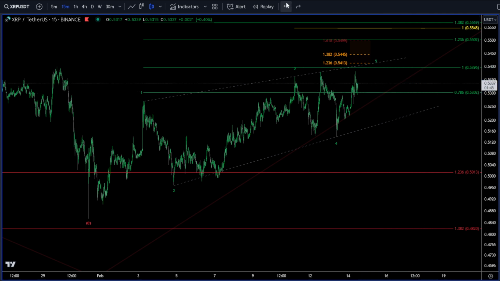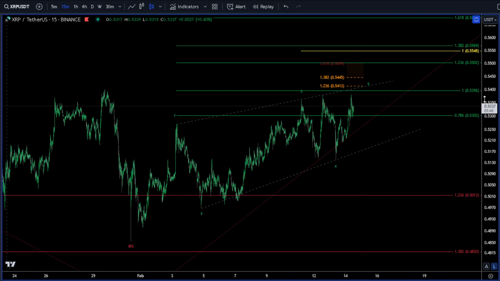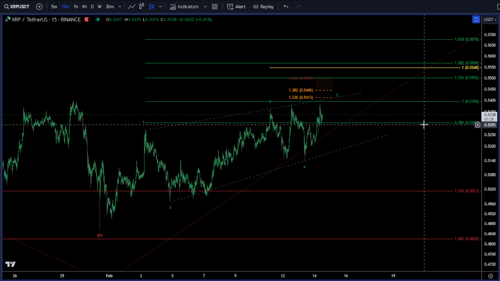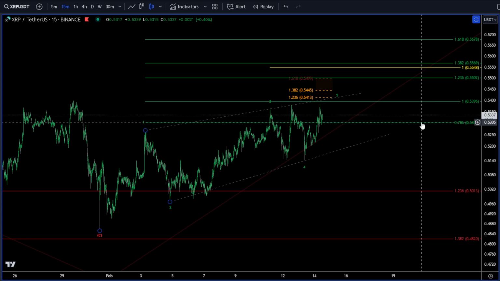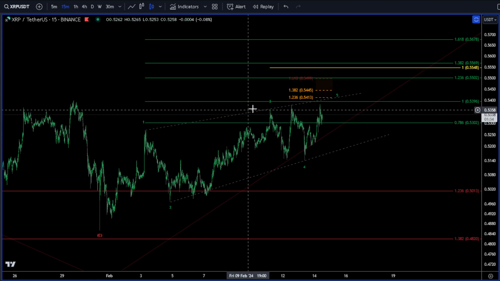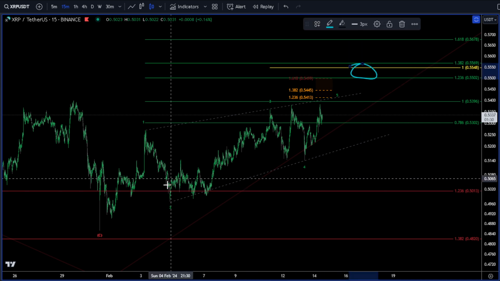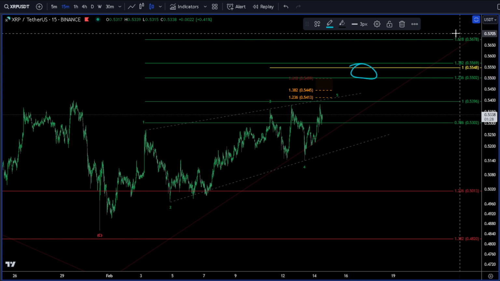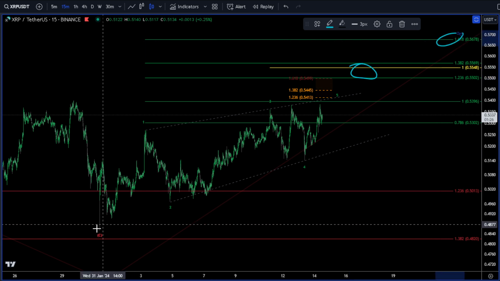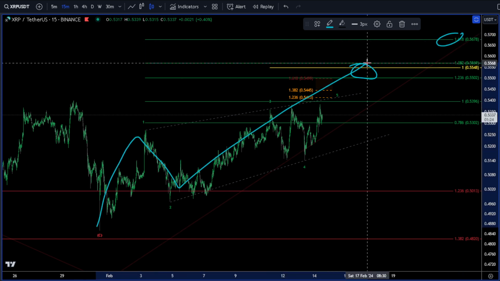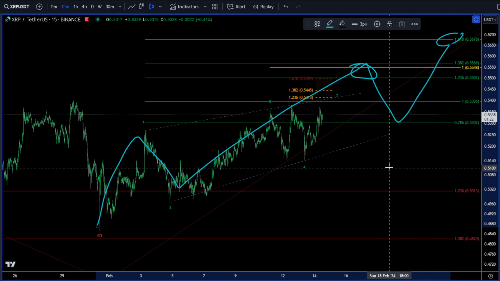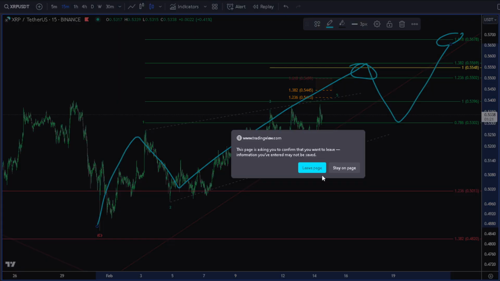But one thing I don't like about this setup is, I think I showed you this yesterday, we didn't hit standard extensions of our wave 1 off our 2. Usually our third wave would come up to the 1.236 area when it's a deep retracement, and then the 1.618 for our fifth. So it'd be more like this. So looking a little bit weak.